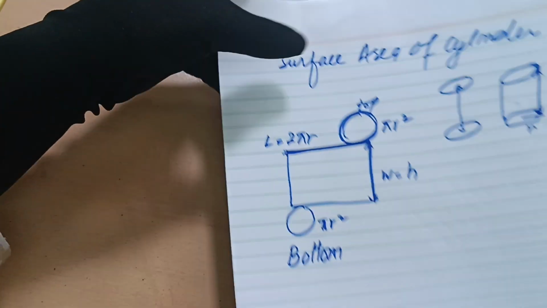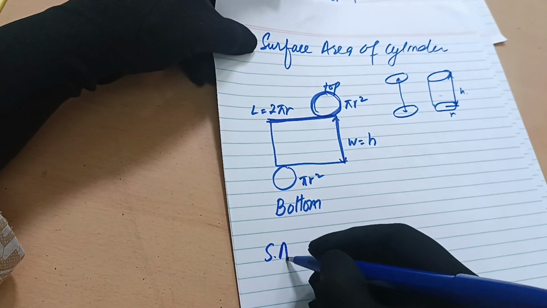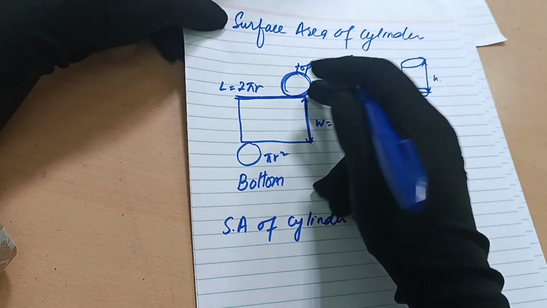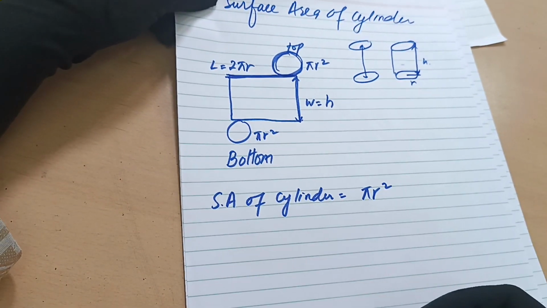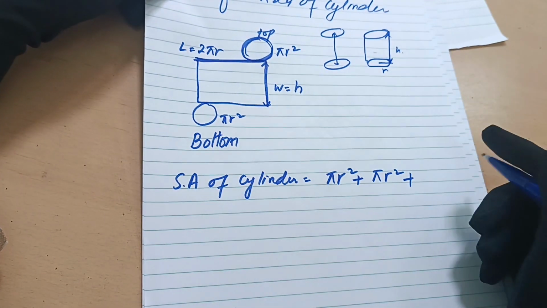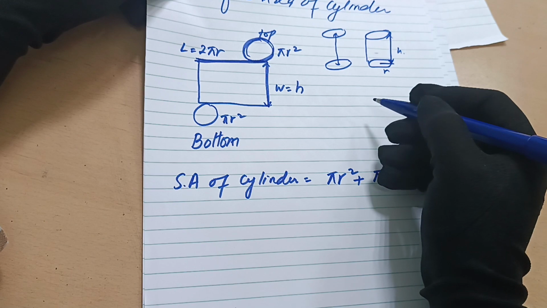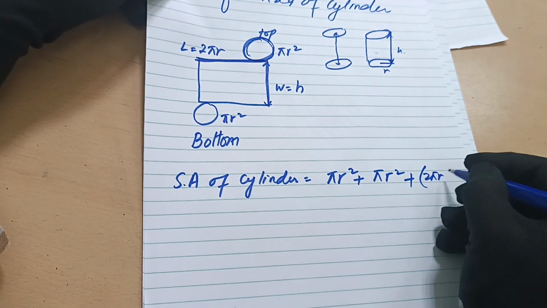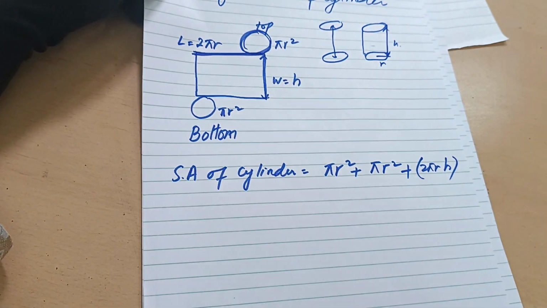So hence we will find the surface area of the cylinder as top circle plus bottom circle plus curved surface area, length into width. Length is 2 pi r and width is h, so 2 pi r h.